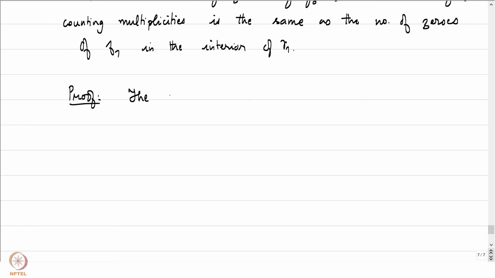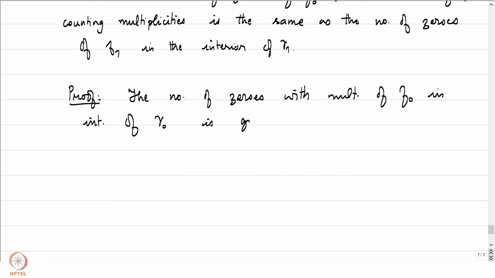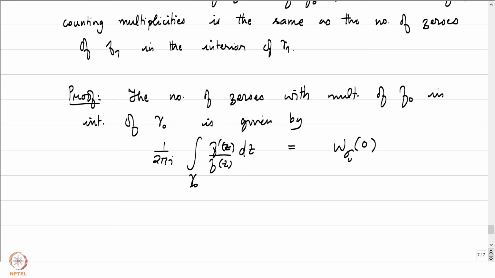The number of zeros with multiplicities of f_0 in the interior of gamma_0 is given by 1 by 2 pi i times the integral of f prime of z by f of z dz over gamma_0, which we had noticed is the same as the winding number of sigma, let me call this sigma_0, around 0.